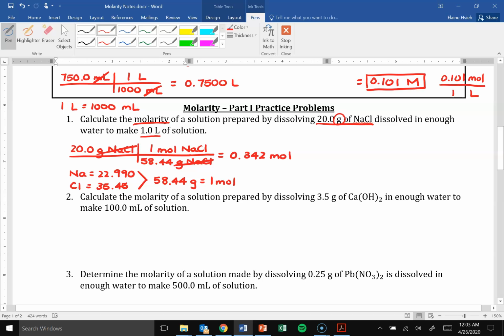All right, and since I don't have to convert the liters, I'm just going to plug into the equation. So the molarity is equal to the moles of the solute, 0.342 moles, divided by the liters of solution, 1 liter. And that will be equal to 0.342 molar.